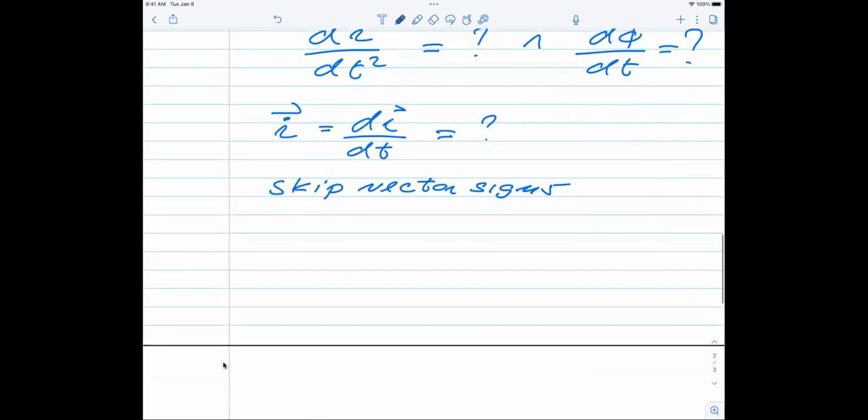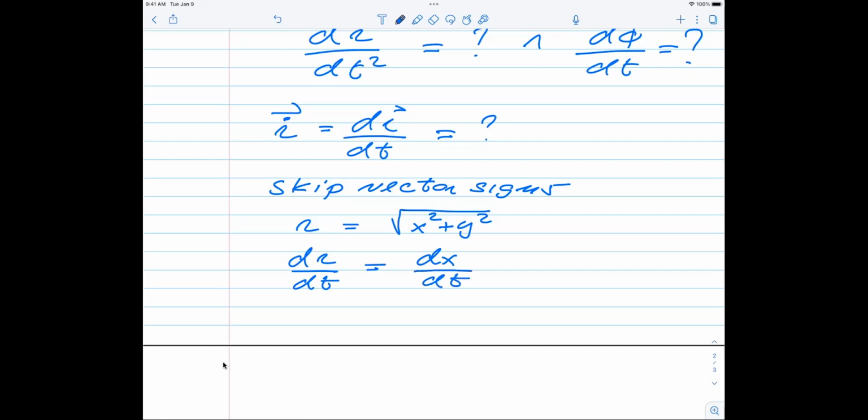Now, one of the things we know is that when we look at r, it is given by the square root of x squared plus y squared. So when I take dr/dt, I have to take the derivative with respect to x. That means I get dx/dt.